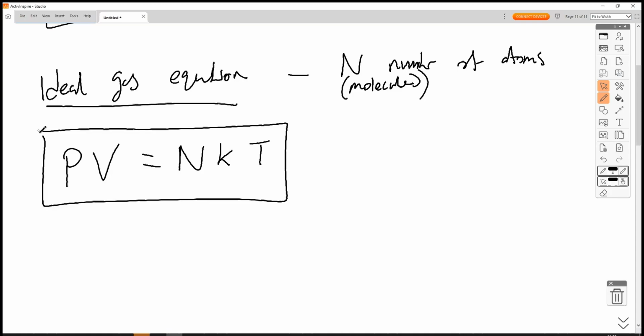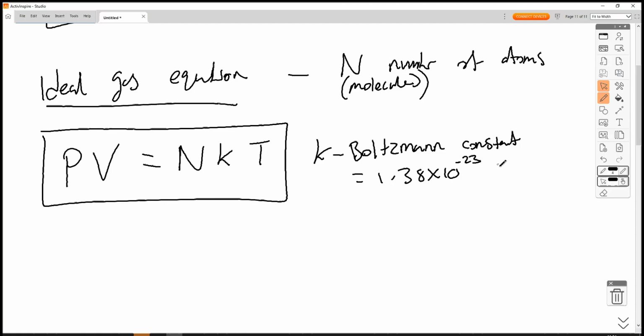Now this k is not the same k that we did in 6.2.2 part 1. The k there was an arbitrary value, whereas this k represents Boltzmann's constant. So N is the number of molecules or atoms, and it has no units, and k is the Boltzmann constant, which is equal to 1.38 times 10 to the minus 23 joules per Kelvin.